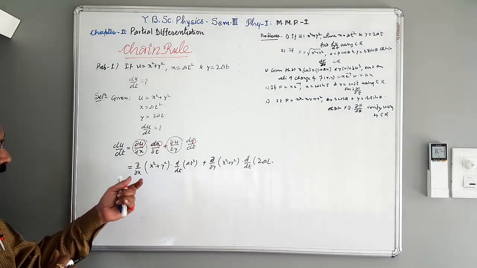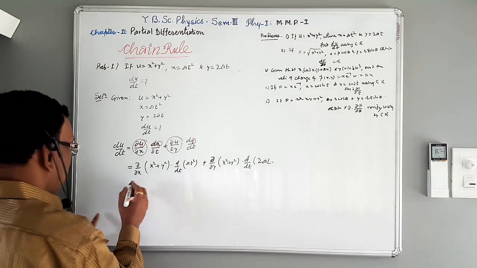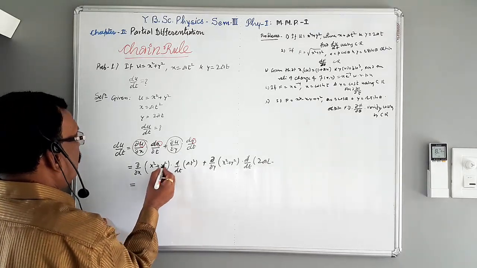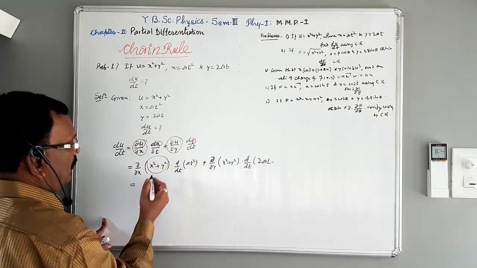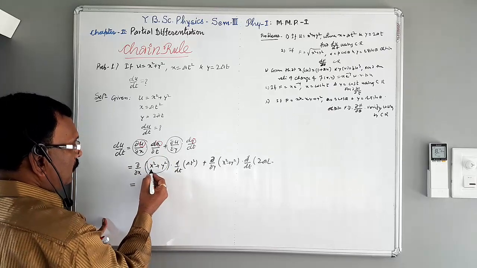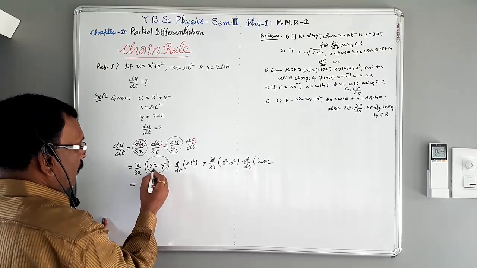Now simplify each term of the derivative in this equation. What is the derivative?